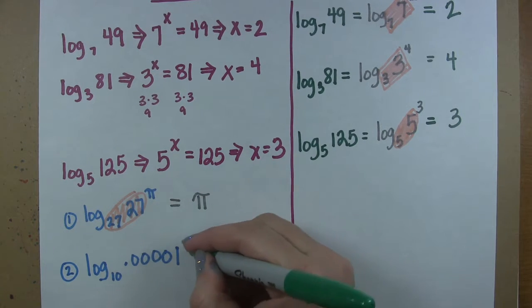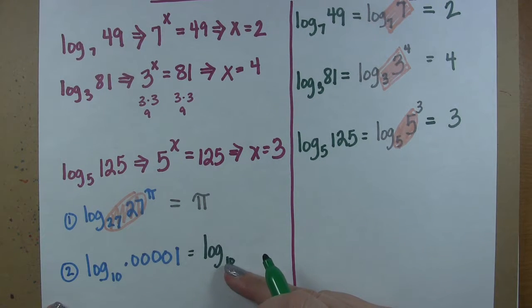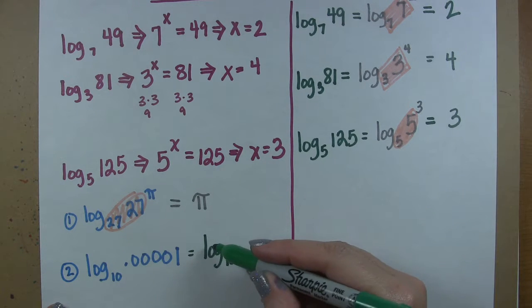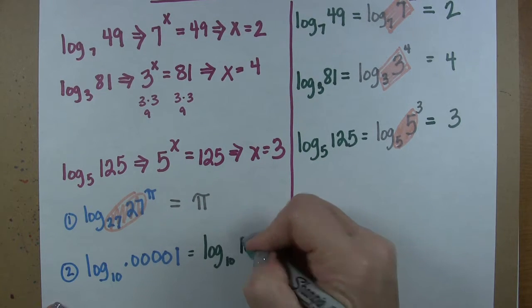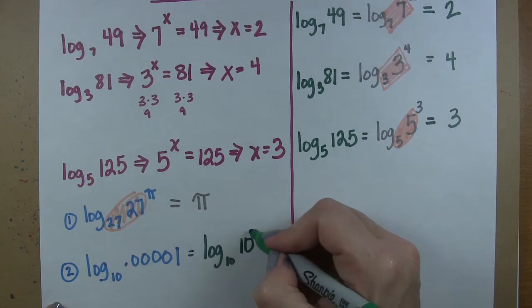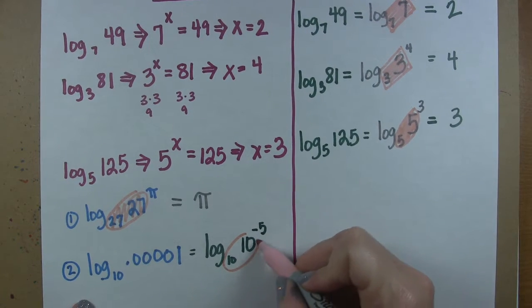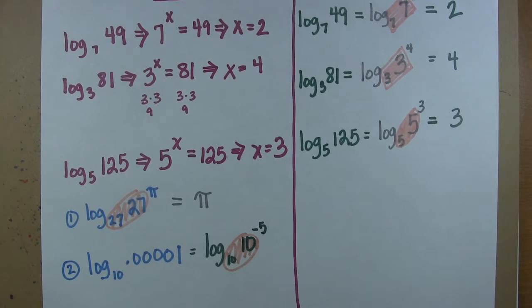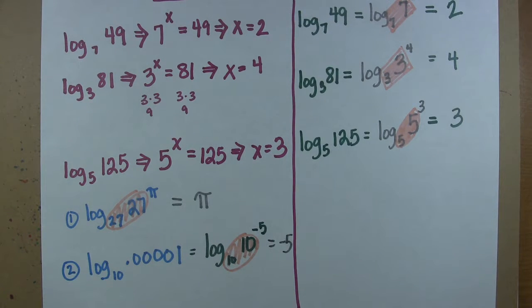So I will say log base 10, and remember I could just leave that off if I wanted to, because if there's nothing there then we assume it's base 10. Log of 10 to the 1, 2, 3, 4, 5 negative fifth. Then I can see easily that these two cancel out, and my answer is simply negative 5.